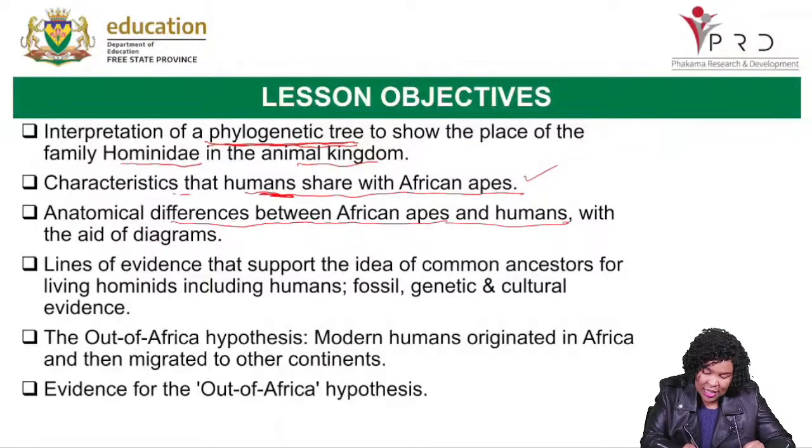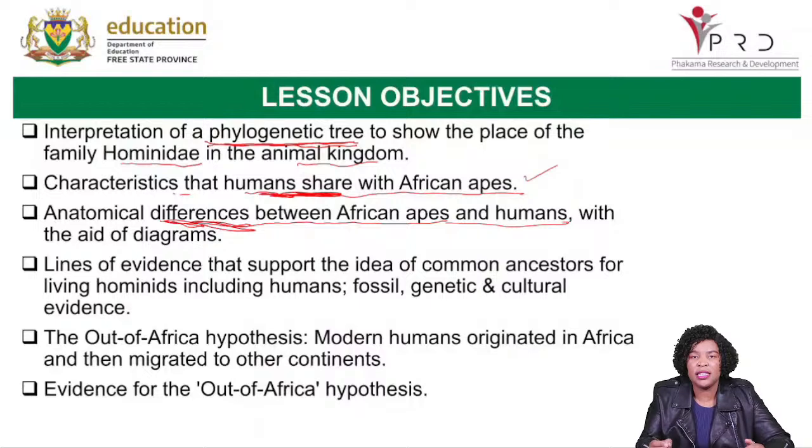So you must know the similarities, what they share, and also the differences. So when you are given the structures to compare, you must be able to tell us what the differences are between the African apes and the humans, and also what the similarities are between the humans and the African apes.